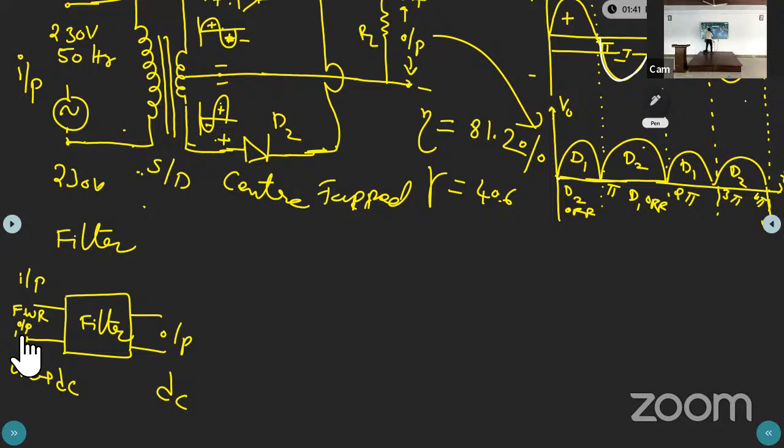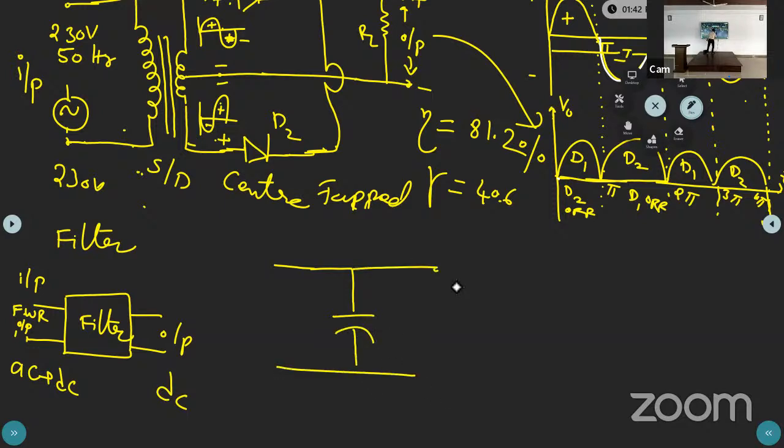Okay. Now draw the circuit diagram. Here the same full wave rectifier output as an input.